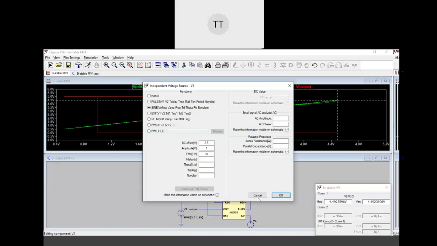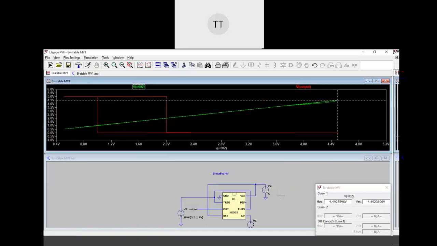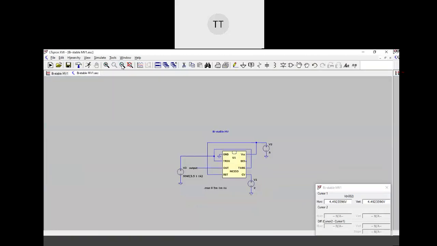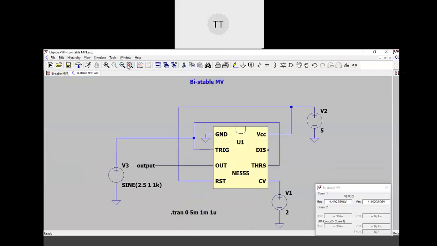Noted? Now I'm looking at the output. What may be the output? 2.5 volt offset, 1 volt amplitude. What is the expected output, with the threshold that we control as 2 volt?